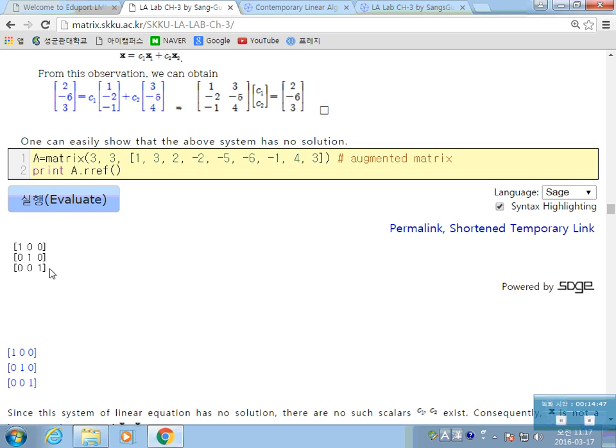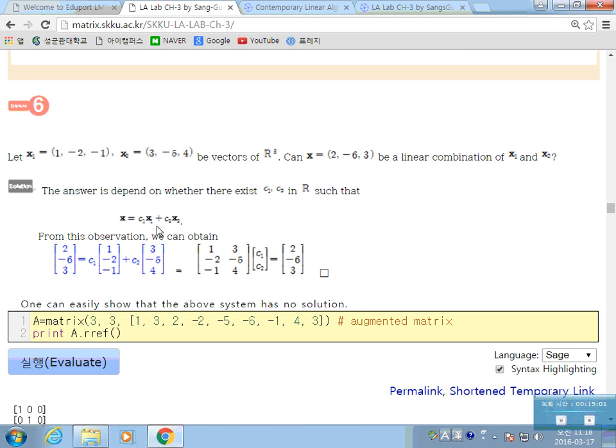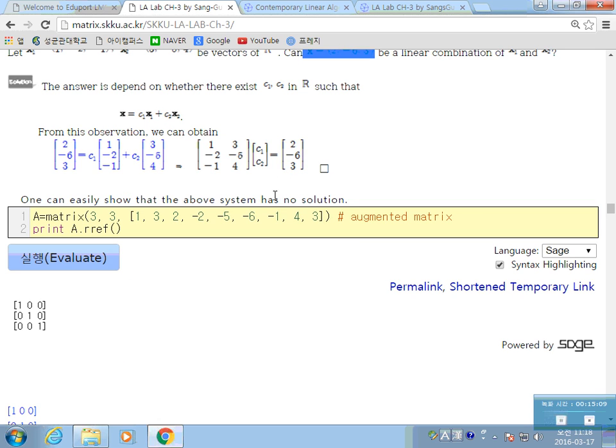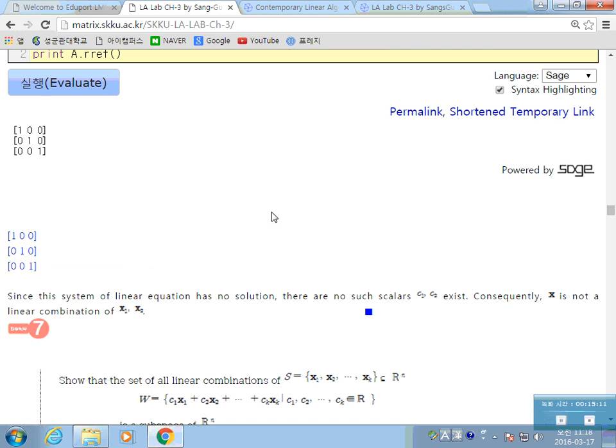There is no such C1 and C2 that satisfies all these equations. This last line shows it. So there is no C1 and C2 that satisfies this, which means this X cannot be a linear combination of X1 and X2. Okay? This is the way.